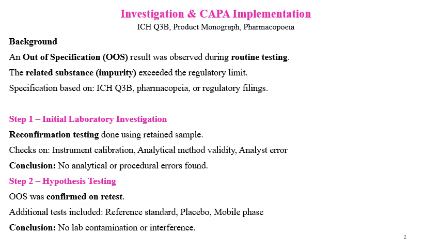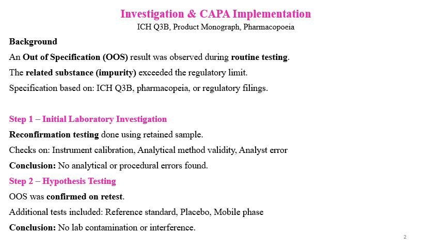It may be during the stability. But here consider that the out of specification result was observed for the routine testing. The related substances or impurity exceed the regulatory limit. The specification was provided based on the ICH guidelines, based on the pharmacopoeial monograph, or based on the regulatory filings.